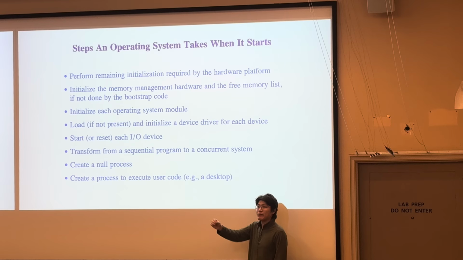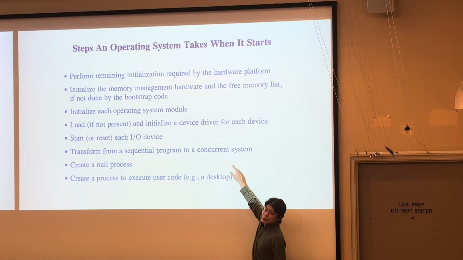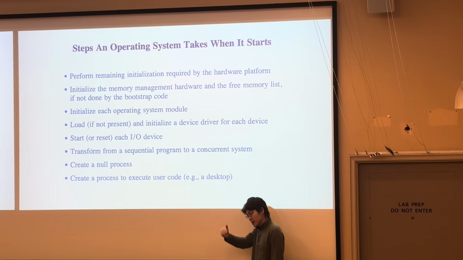Starting from address 0, the CPU fetches the first instruction from address 0 and executes it, and then fetches the next instruction at address 1 and executes that instruction. That's how the OS is executed before this step. It's just one big sequential program starting at memory address 0, and the CPU is just executing it sequentially.